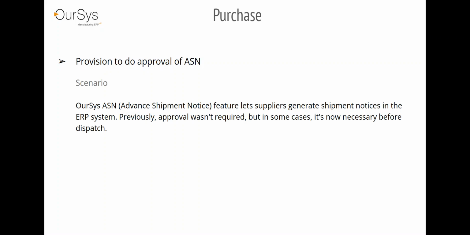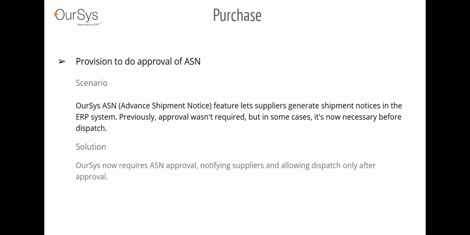However, in some cases, approval was required by you before the supplier could ship the material. To tackle this, OurSys now has an approval feature at the advance shipment notice, making sure that the supplier gets a notification in OurSys and can only ship the material after getting approval from you.